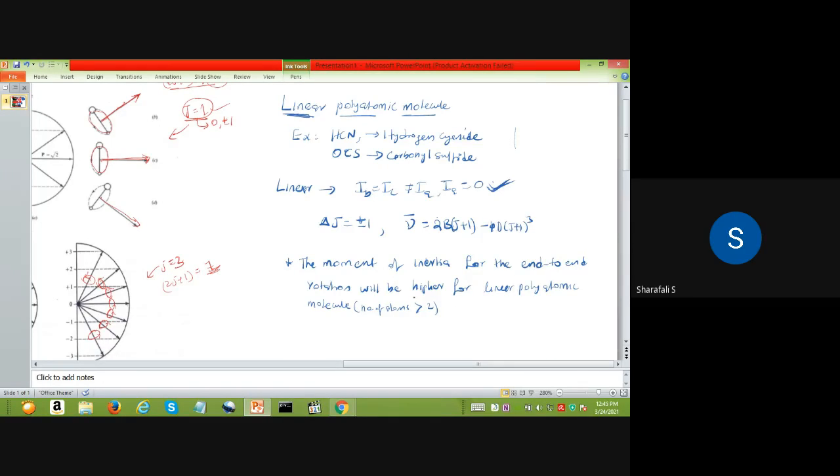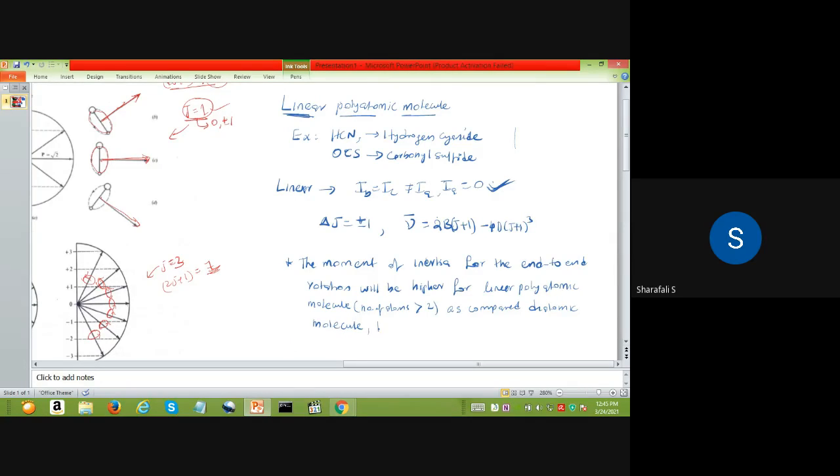So the moment of inertia for the end-to-end rotation will be higher for a linear polyatomic molecule as compared to a linear diatomic molecule.